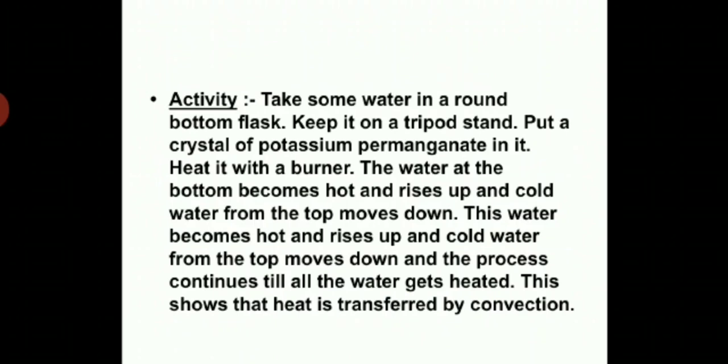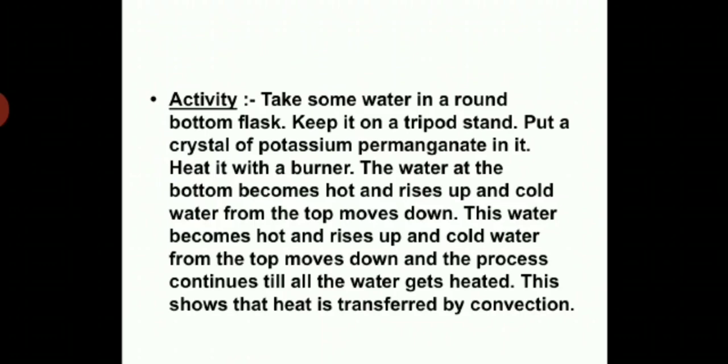Now the activity is described here. Take some water in a round bottom flask, keep it on a tripod stand, put a crystal of potassium permanganate in it, and heat it with a burner. The potassium permanganate crystal is added to see the process clearly, to see the movement of water in the round bottom flask. Potassium permanganate is a violet colored crystal, and when you add it to water, the water becomes violet.